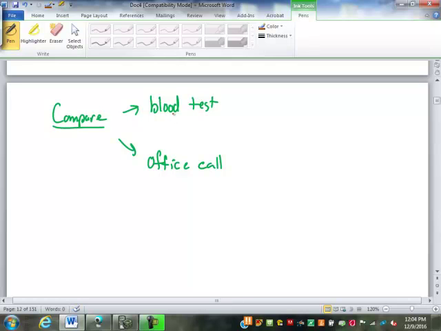So it's a national average, national mean for a blood test is $120. With a standard deviation of $25. The national mean for an office call is $90. With a standard deviation of $15.